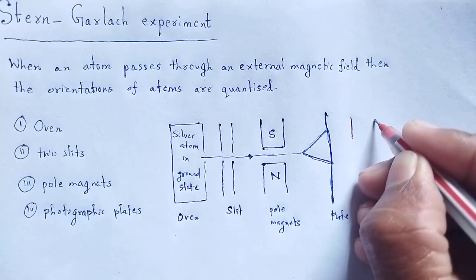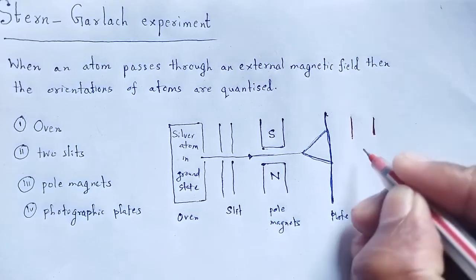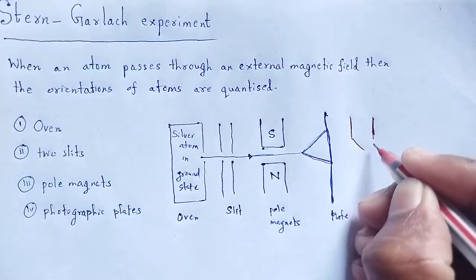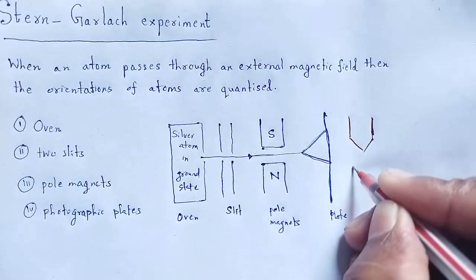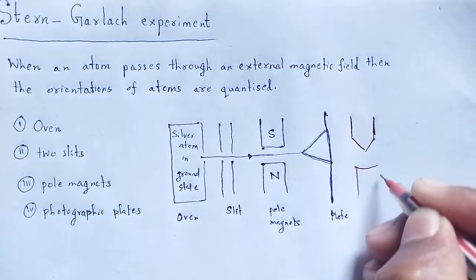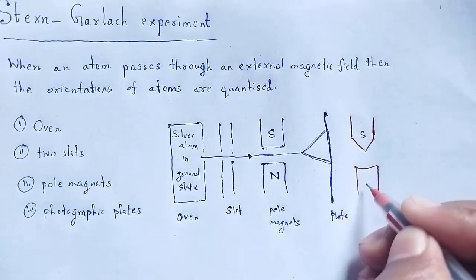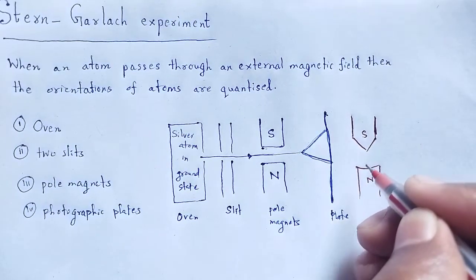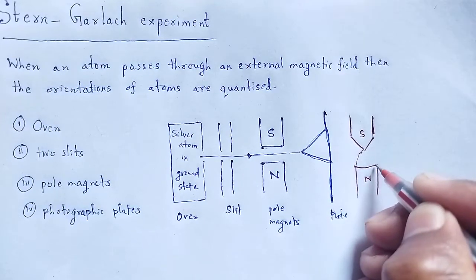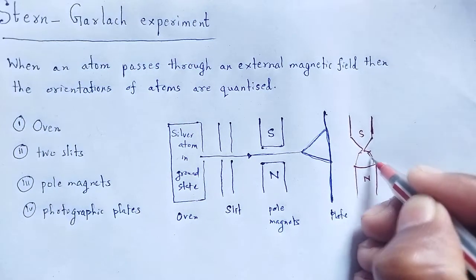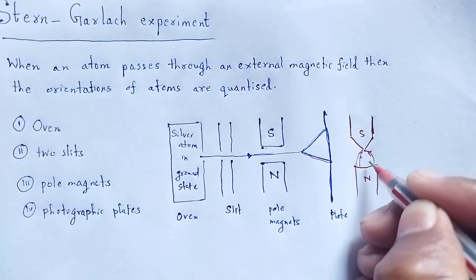How is the non-uniform field created? This is the south pole, that is the north pole. The magnetic lines travel from here.